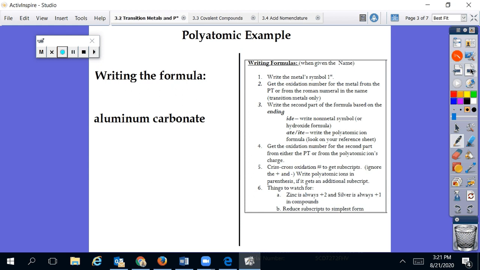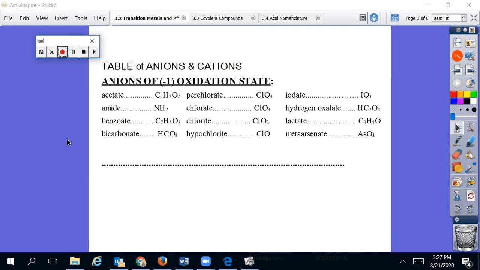If you look at your polyatomic sheet, you have to be able to understand how it's organized. If you're looking at my green polyatomic sheet, you can see that they are organized by oxidation number. This is just a little subsection of your table of anions and cations, but you can see it's organized by the oxidation states.